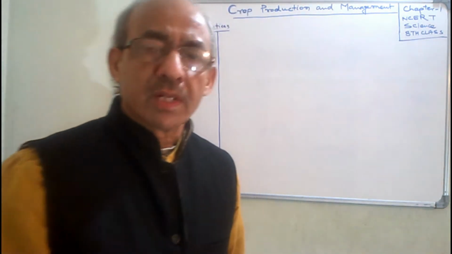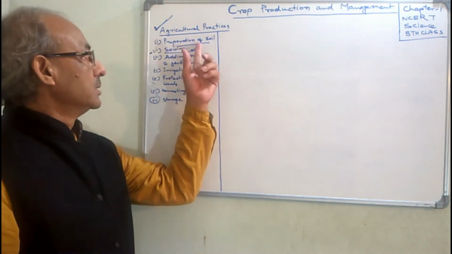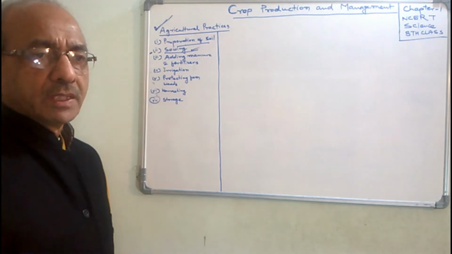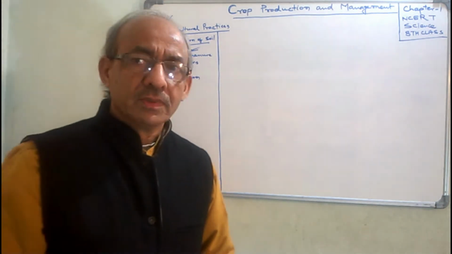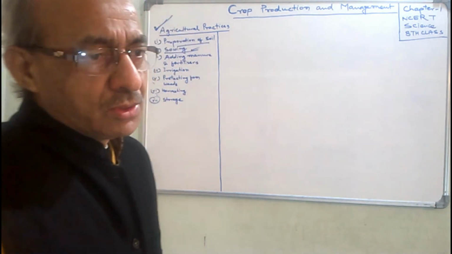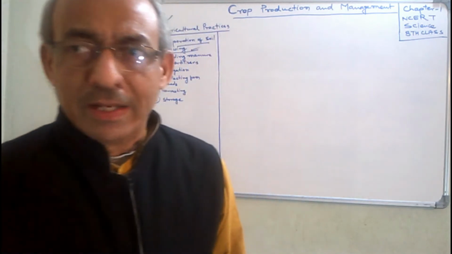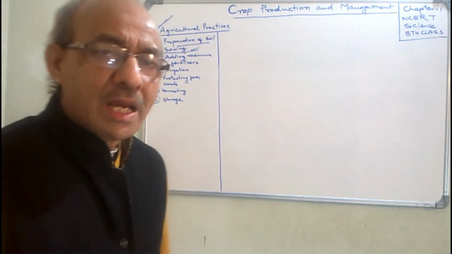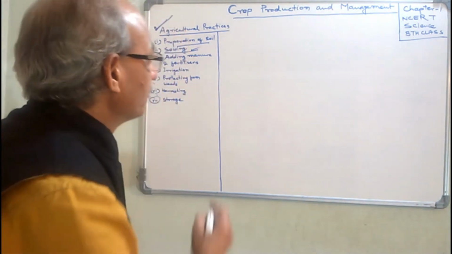In the last session, we completed the first step of the agricultural practices, that is the preparation of the soil. That means the soil is prepared in the field now, and so we have to discuss the method of sowing.